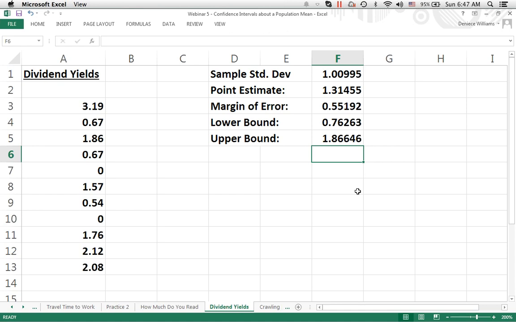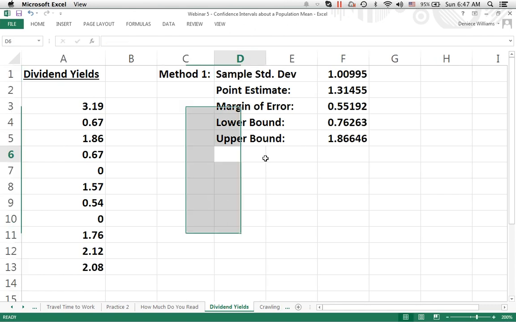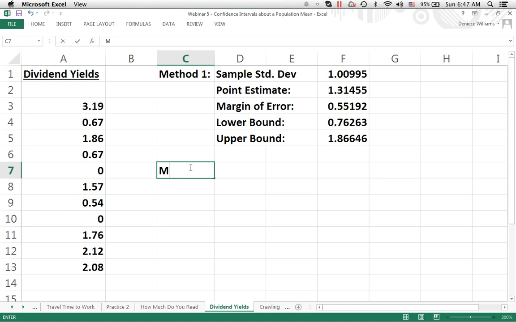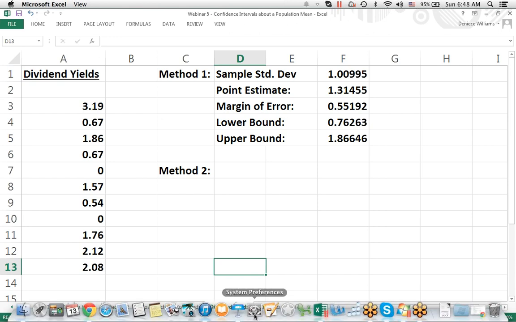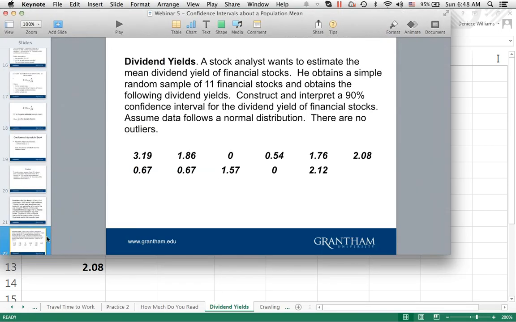Now, there's another way. I said that there are two ways for us to do this. So this is method one. And I'm going to show you method two. So method two, before we show that, let's see the steps. So go back.